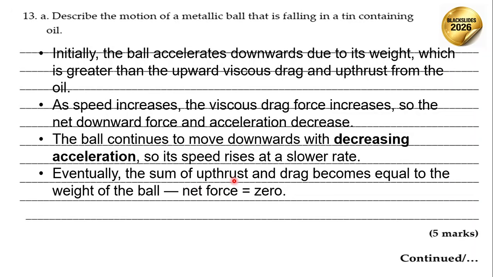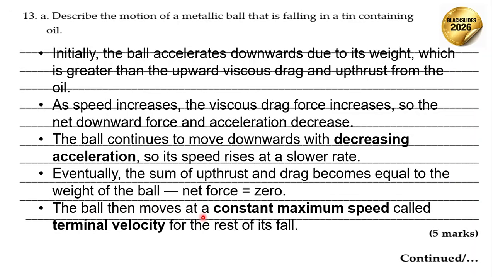Eventually, the sum of the upthrust and drag becomes equal to the weight of the ball. So the net force becomes 0. Alright, so the ball then moves at a constant maximum speed. It's called terminal velocity for the rest of its fall to the bottom.